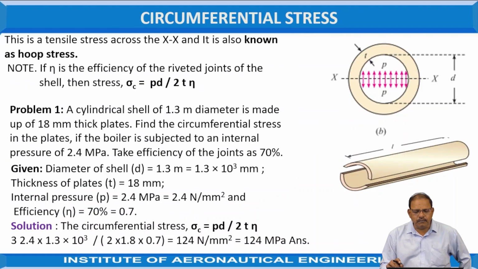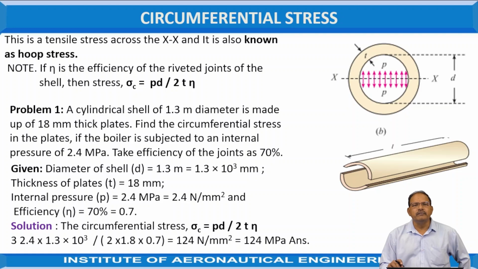But in the case of boilers or shells, the two ends are joined by welding, or sometimes by riveting. At the junction, compared with the remaining part, the strength is lower, hence the efficiency also plays an important role. Here η represents the efficiency of the joints.